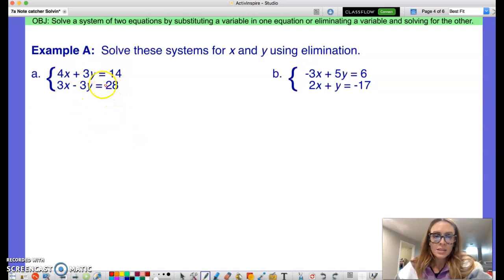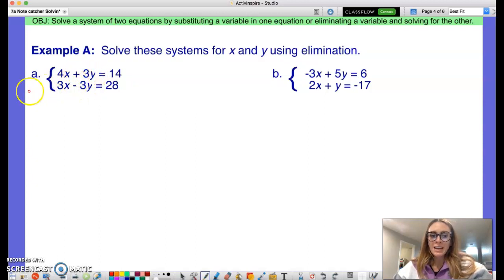Okay? The next step, we need to look for some variables that could cancel out. To cancel out, we mean they have opposite signs and the same coefficient. So the coefficient of this one is 1. The coefficient of this one is 3. If I were to add or subtract those, they don't go away, right? In this case, I have a positive 3y and a negative 3y. Now, they have opposite signs and the same coefficient and the same variable.